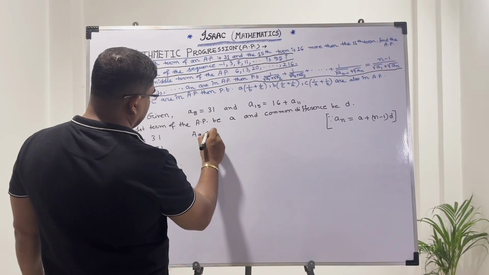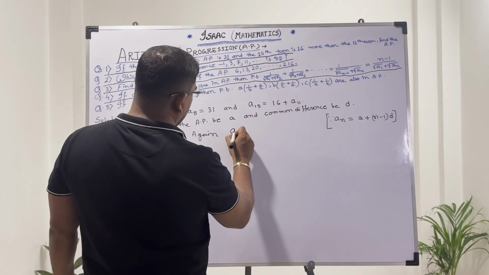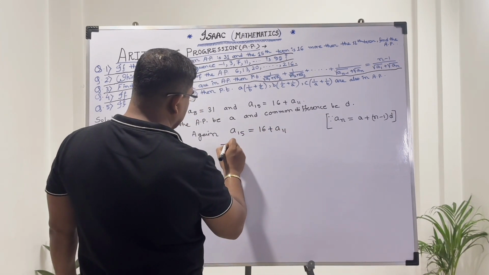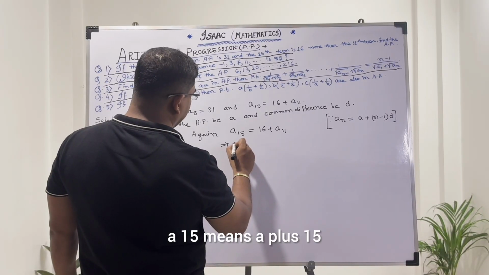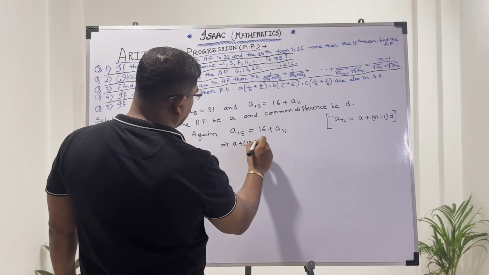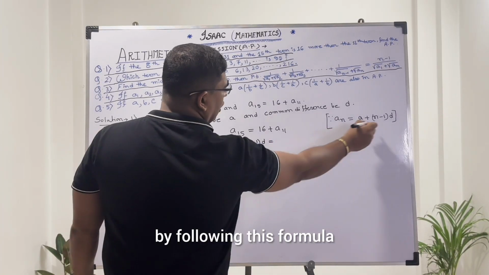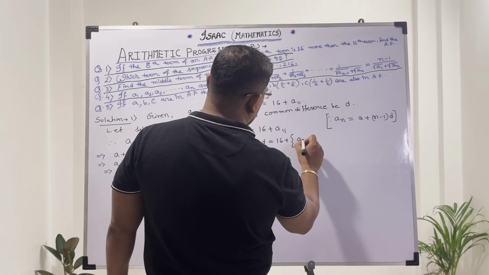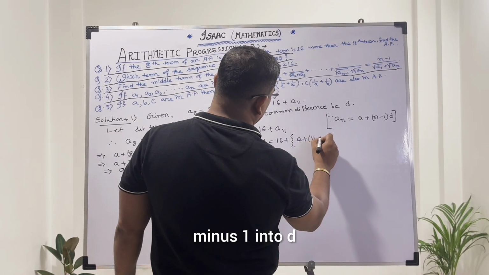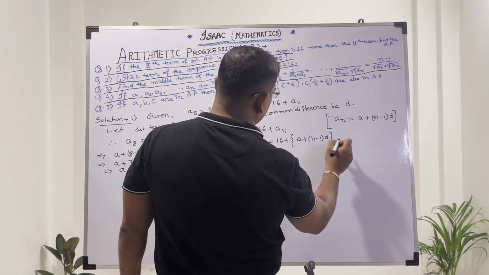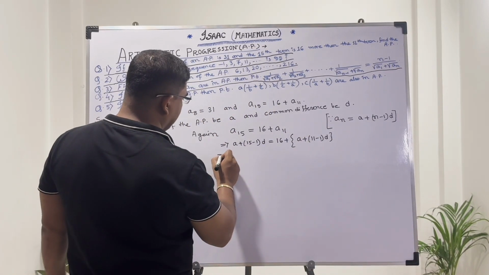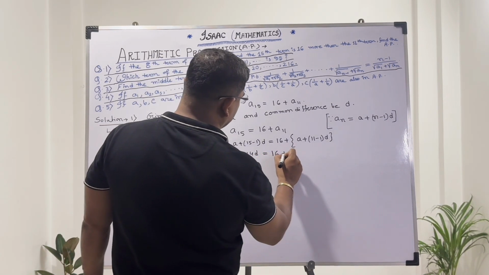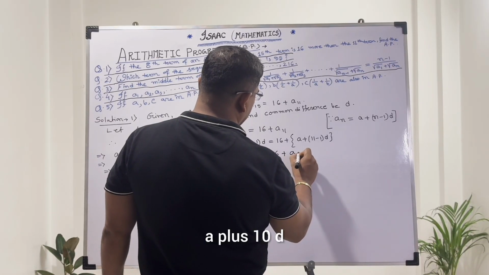Again, A15 equals 16 plus A11 implies A plus (15 minus 1) into D equals 16 plus A plus (11 minus 1) into D. We get A plus 14D equals 16 plus A plus 10D.